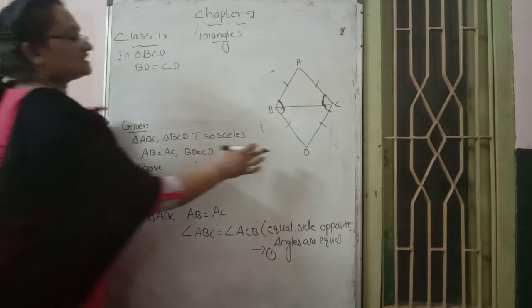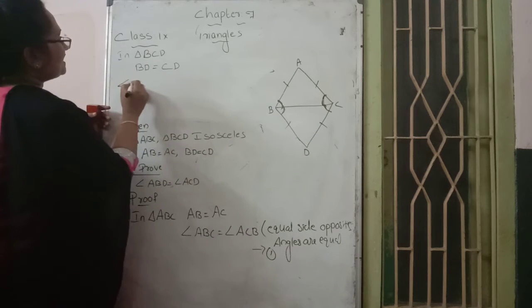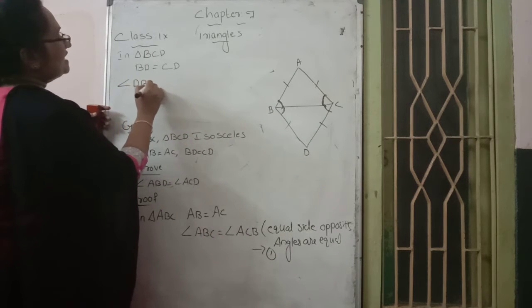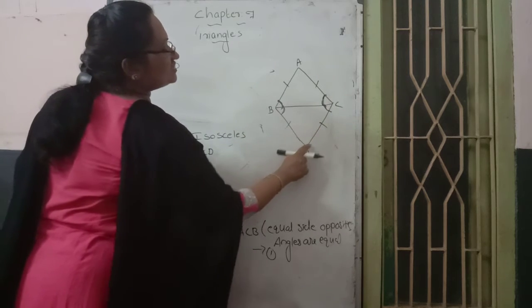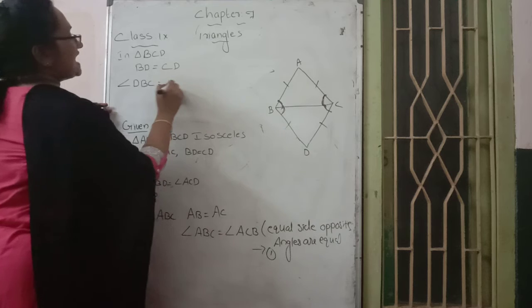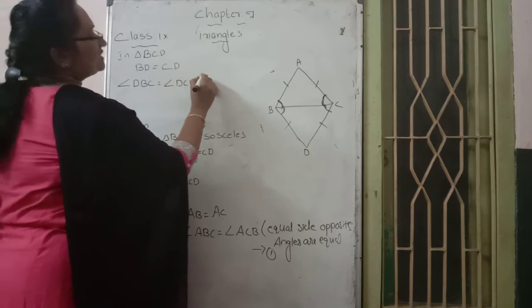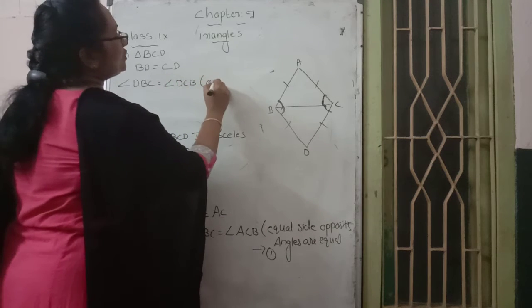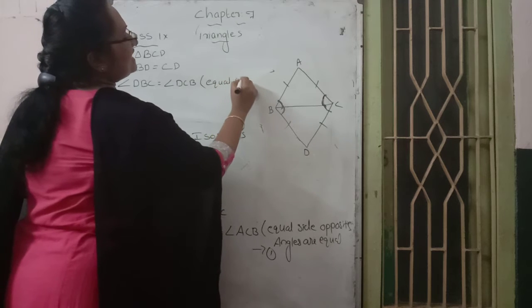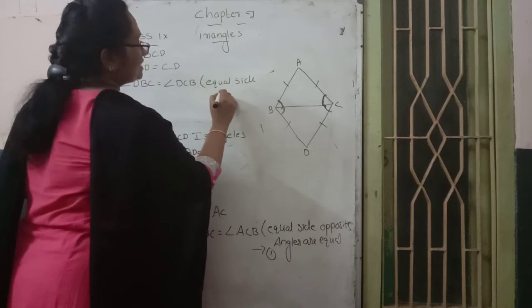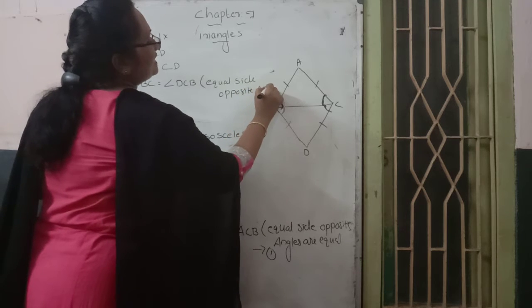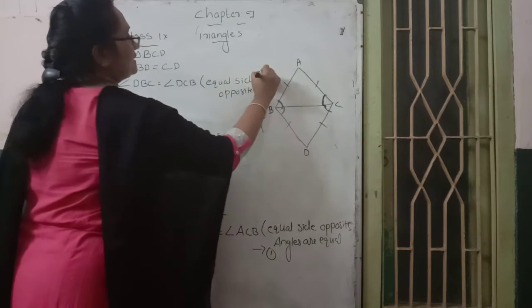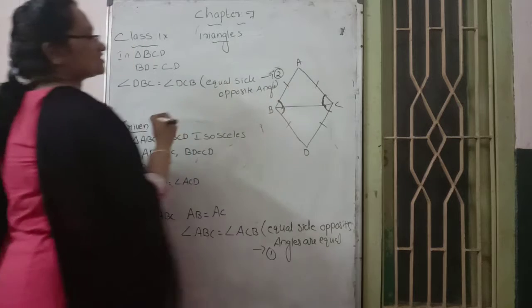Reading the angle, B comes as the vertex, so DBC is equal to DCB, for the same reason: angles opposite to equal sides are equal. Mark it as equation 2.